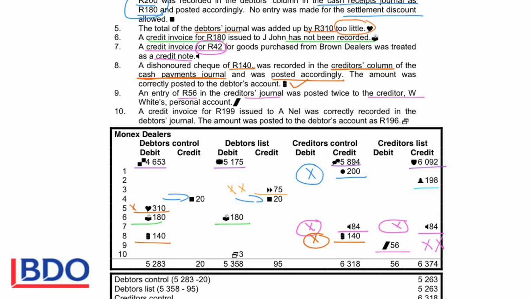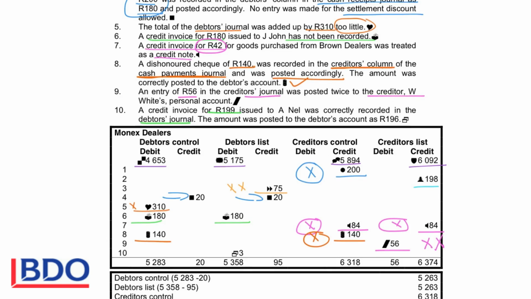list with 56 Rand. A credit invoice that was issued for 199 to A. Nell was correctly recorded in the debtor's journal. So there's no mistake in the journal, therefore there's no mistake in the control account. The amount was posted to the debtor's account as 196 Rand. That means that we put the wrong figure in the debtor's account.